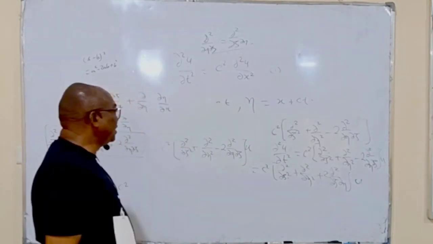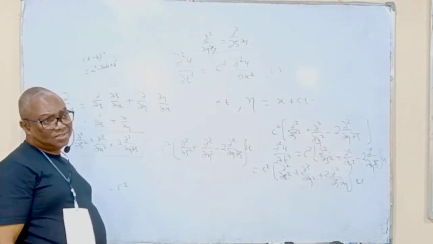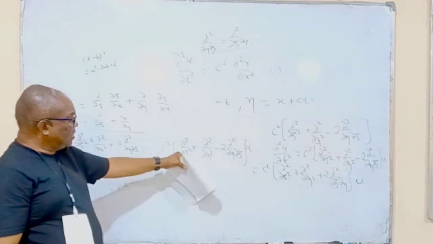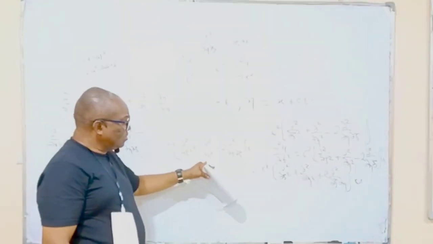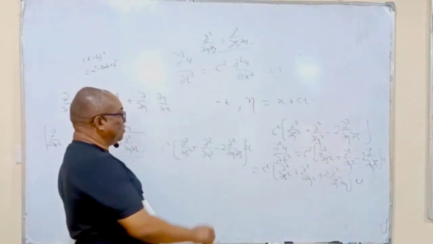Now you will see c squared will cancel c squared. This and this will cancel each other. You'll be left with what?